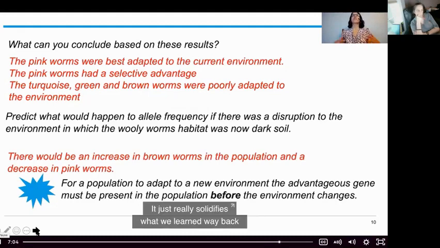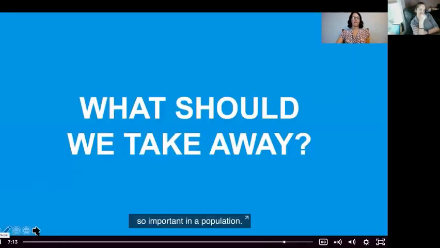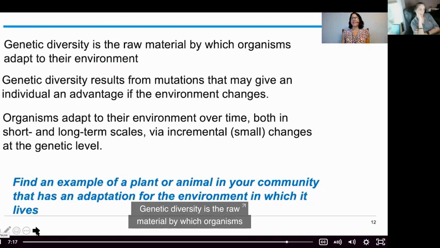It just really solidifies what we learned way back at the start of Unit 2, that genetic diversity is so important in a population. So what should we take away? Genetic diversity is the raw material by which organisms adapt to their environment. We don't know what type of disruptions organisms might face a year from now, 1,000 years from now, or 100,000 years from now.